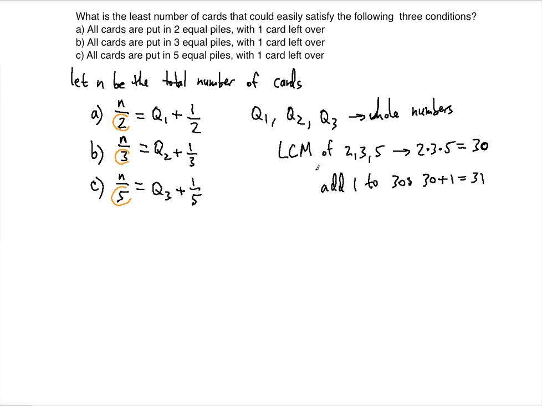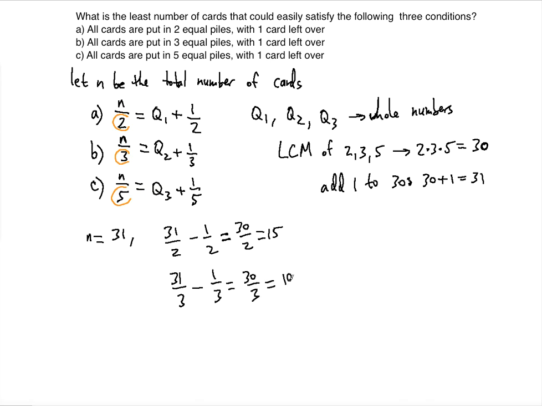Now if you let n be equal to 31, then you will have 31 over 2. Subtract the half, you will get a whole number, 30 over 2, 15. Now let's do 31 divided by 3. Subtract a third, you will get 30 over 3, which is 10.